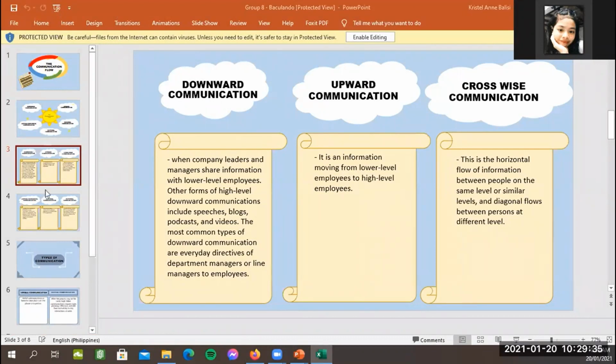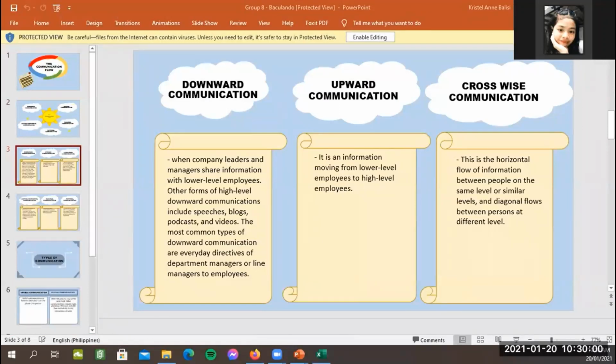Next naman po ay crosswise communication. This is the horizontal flow of information between people on the same level and diagonal flows between persons at different level. Ang crosswise communication po ay kahit anong level mo sa department, pwede ka po makapag-interact or communicate sa lower level or higher level ng organization.